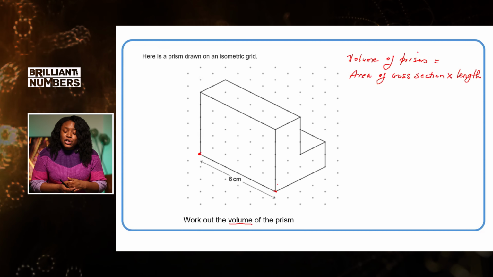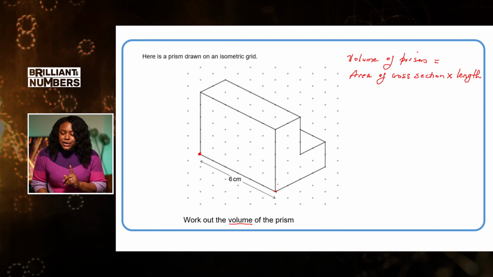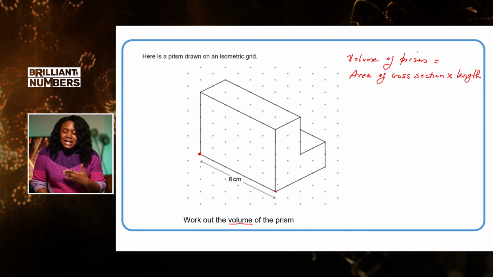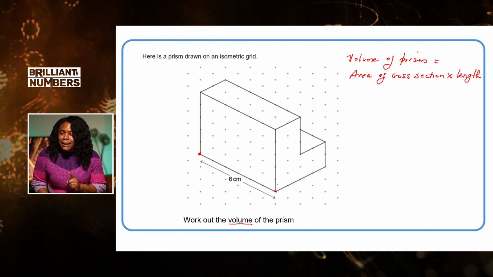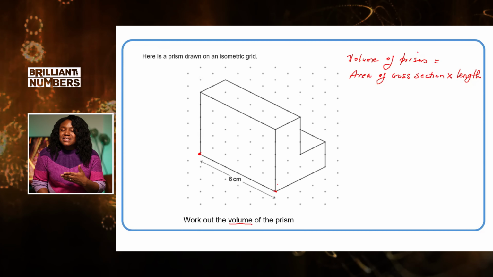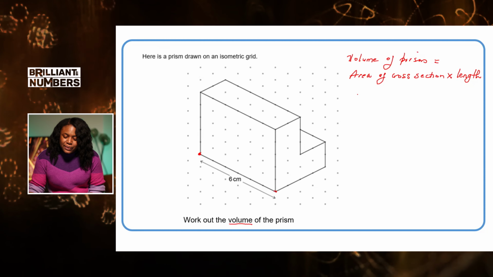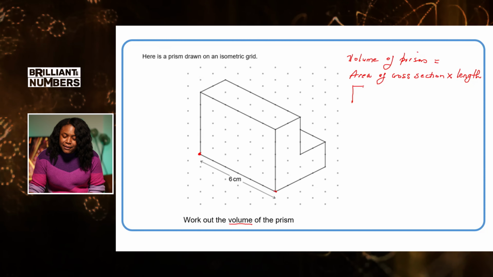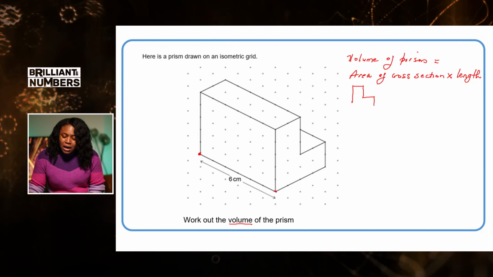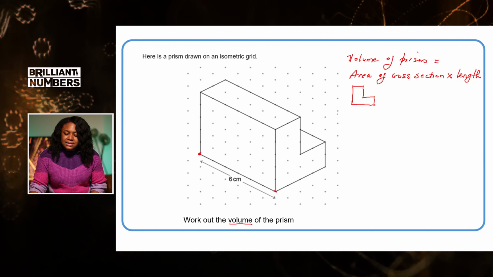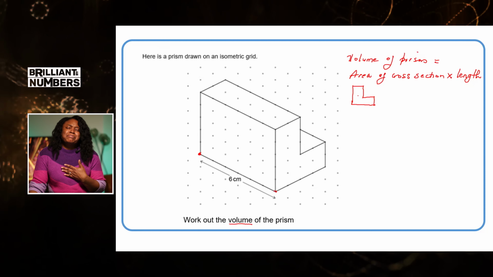Now we need to go ahead and find the area. Now we can see that the area is a compound shape, which means that we will have to divide this shape in 2 parts. So I'm just going to go ahead and make a small sketch here, and then I will identify the section that is best to cut it in.